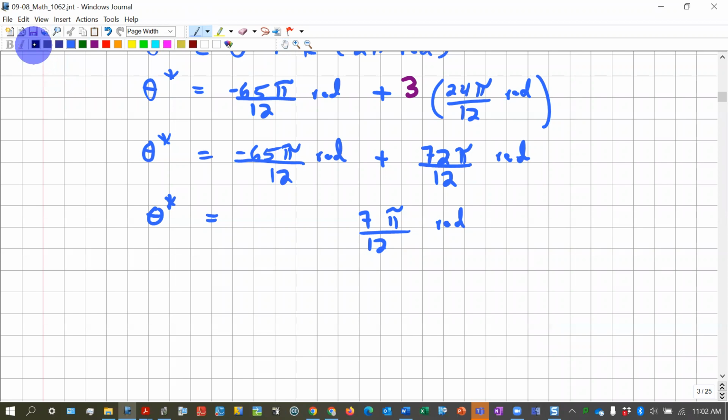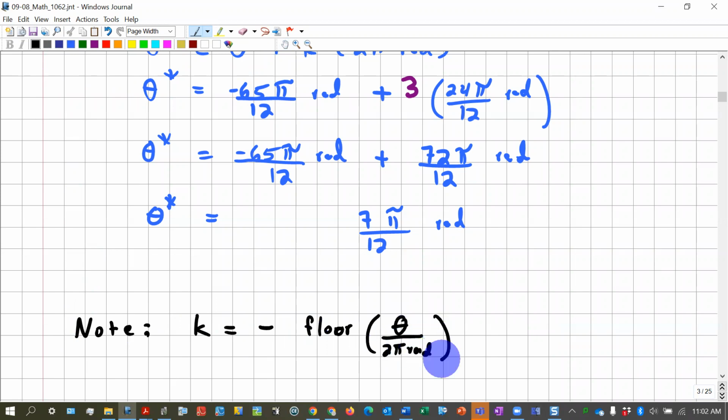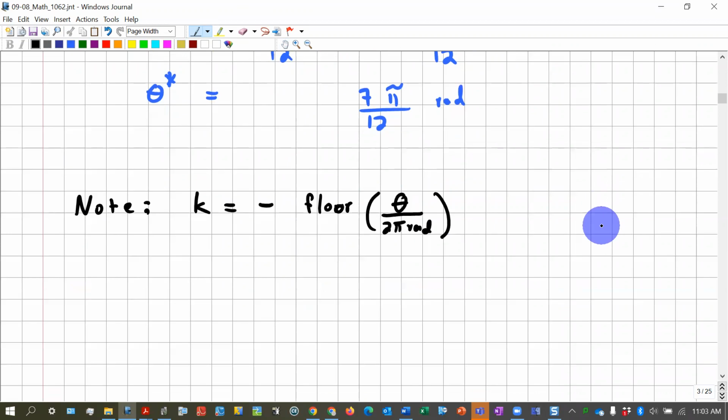So if we were to be real formal about it, the number K is the opposite of the floor function of theta divided by 2 pi radians, if the problem is in radians, or in degrees, we divide by 360 degrees.